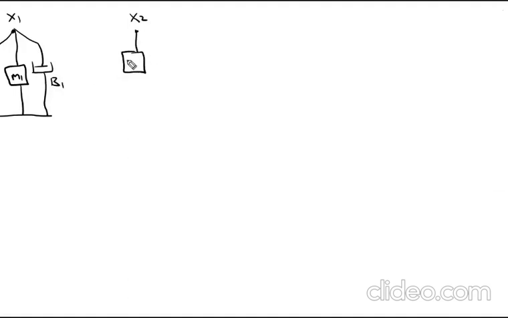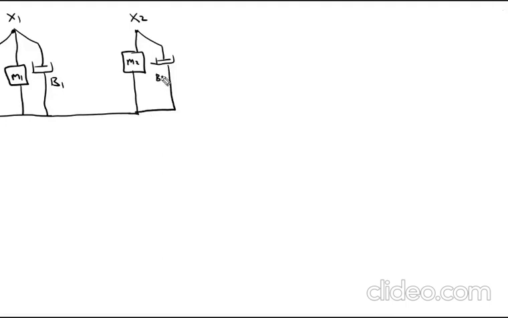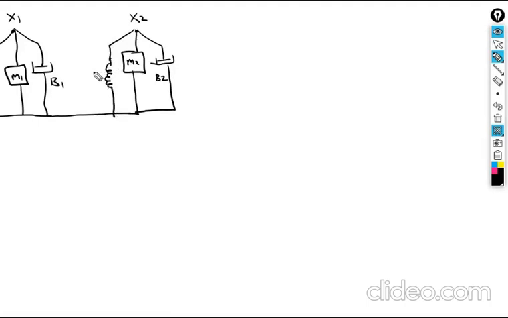Now next, there are three elements related to x2 alone. One is m2. Another one is V2. One more element is there, that is K2. And the common elements here are two elements, so I am just drawing them in parallel.